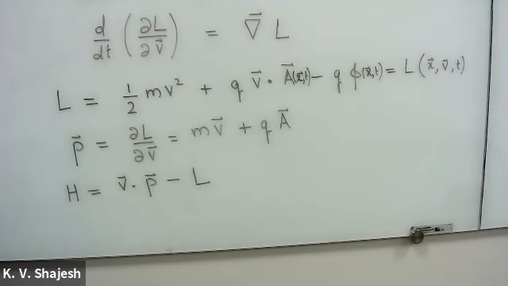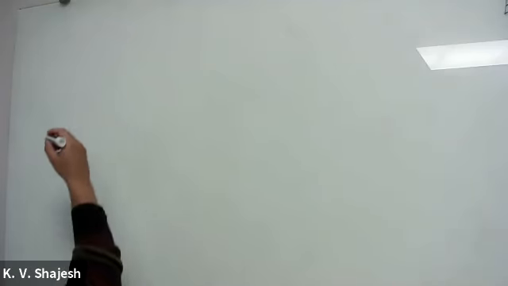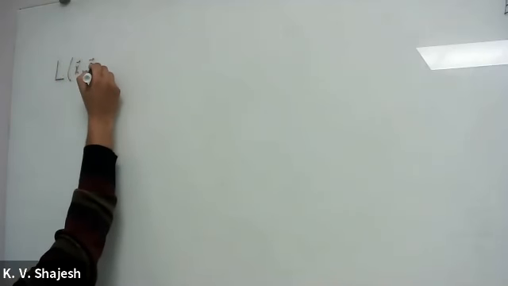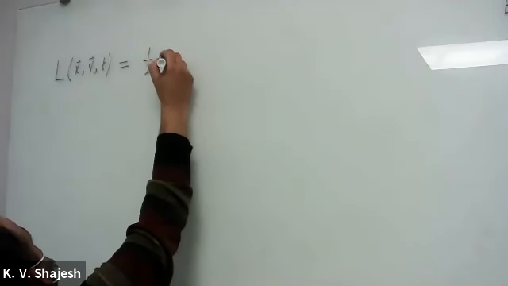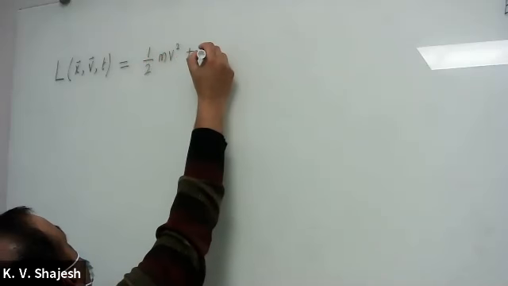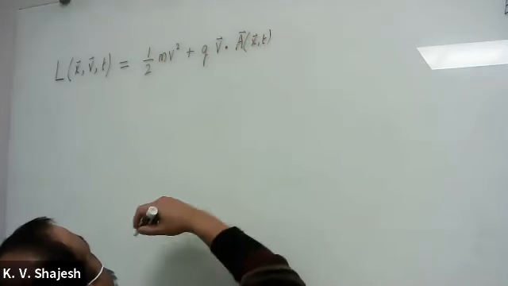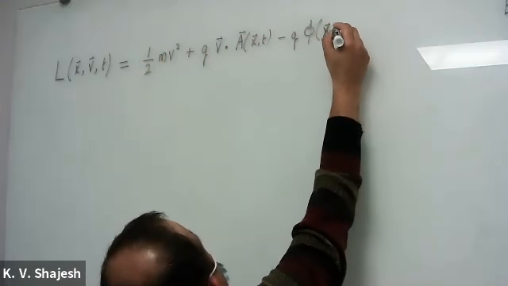So what I have here is a charge in a magnetic field, described by the Lagrangian, which is a function of position, velocity, and time: half mv squared, plus q times v dotted with A, which can depend on x and t, minus q times phi, a scalar potential, which can depend on x and t.